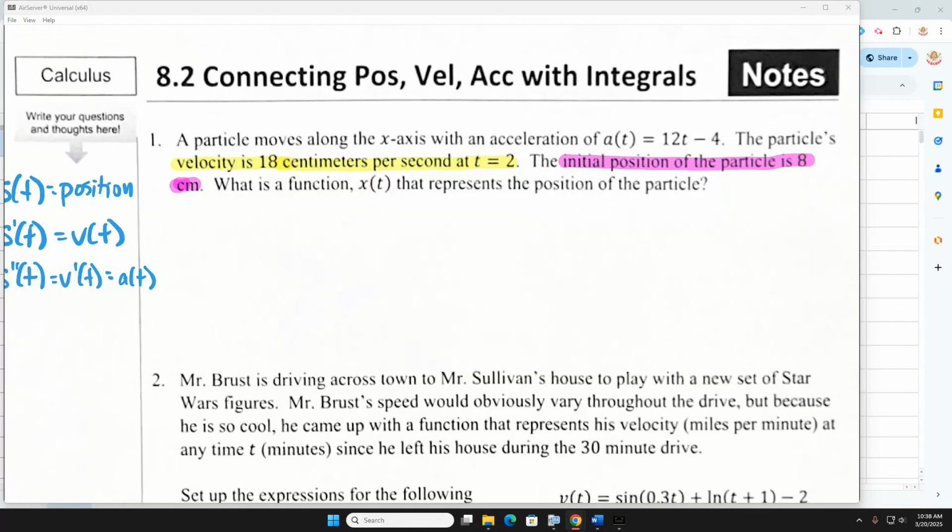We can go from acceleration to velocity by finding the integral, so we'll start with that. v of t is going to be the antiderivative, or the integral, of a of t dt. Which is nice, a lot of these are polynomial functions, and so finding their integral isn't super challenging.